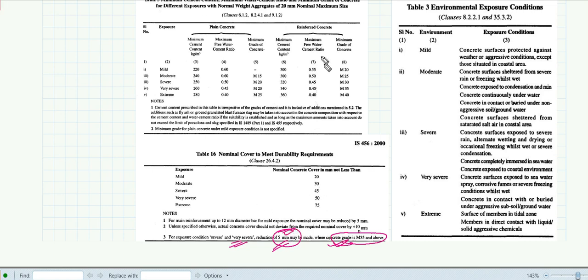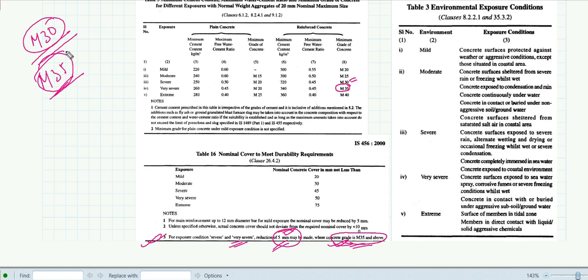So while we are choosing M30, because M35 is for very severe but our condition is severe, for severe M30 is required. So one idea behind selecting M35 is that we can reduce the clear cover by 5, using this particular note, because there is a problem of providing higher clear cover.